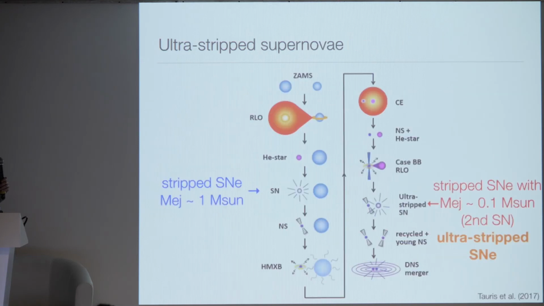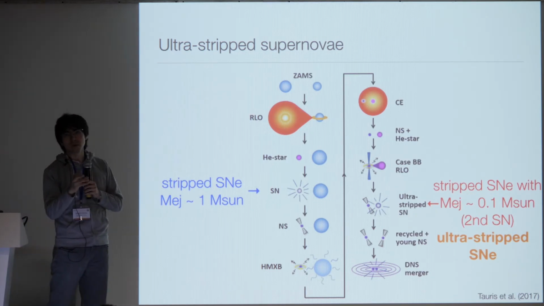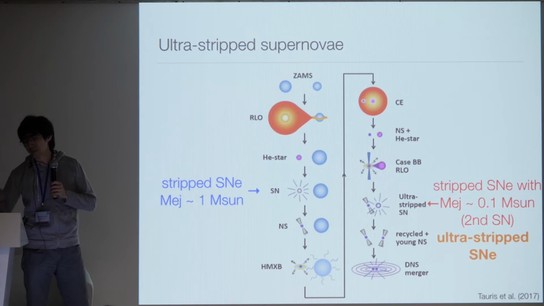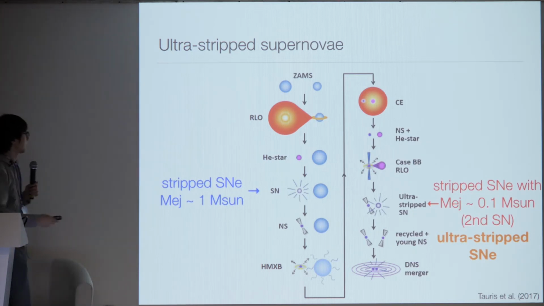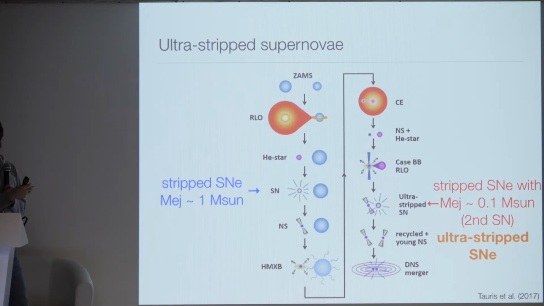If we have a lot of stripping, then the star will be small, so that will give you a smaller core and so on. But whether the core evolution is directly affected by this binary interaction or not, the core will evolve like so, it won't be affected much.